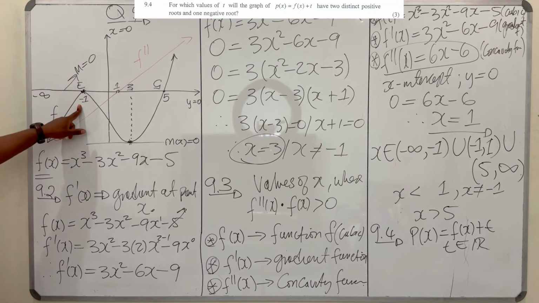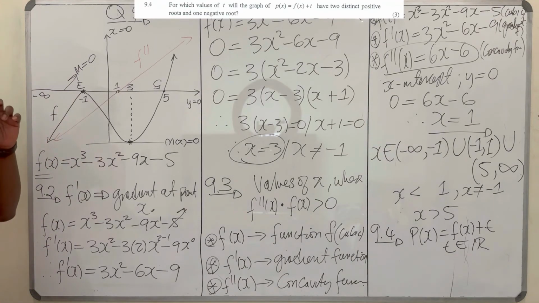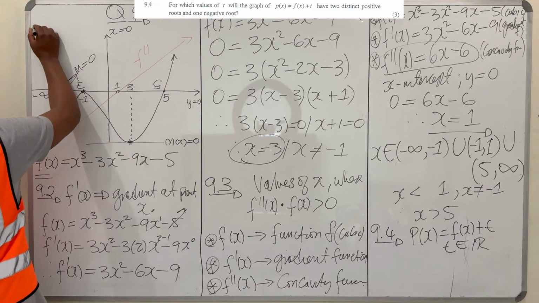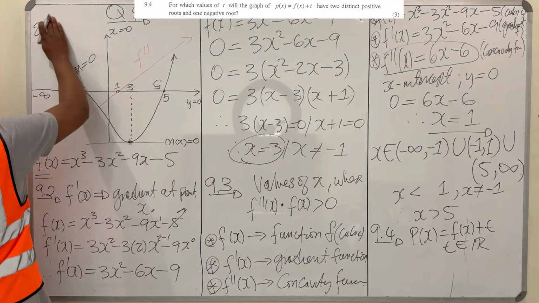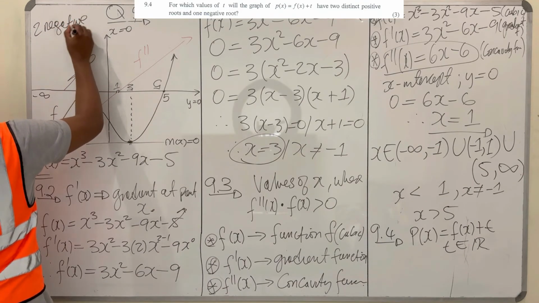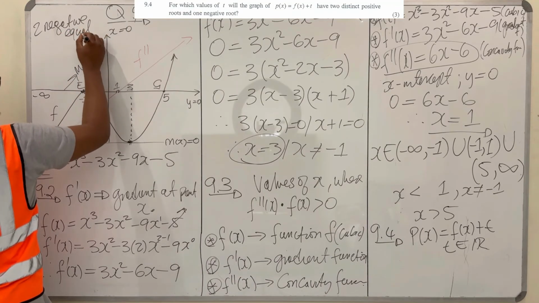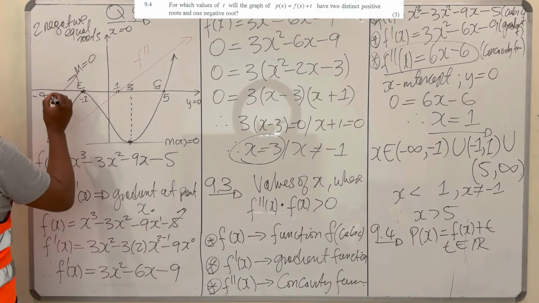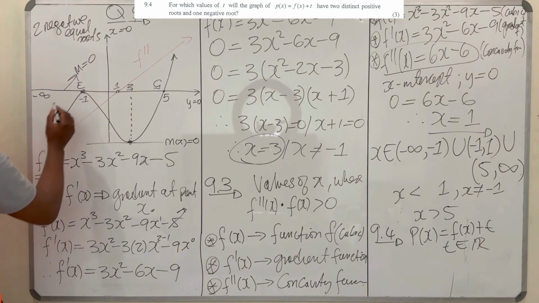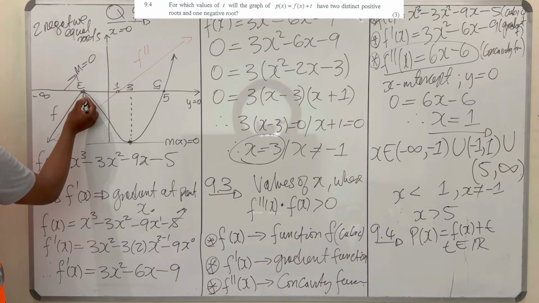Here's f of x. If you look at f of x now, f of x, like I said, has 2 negative equal roots. Because you have 2 intercepts here, right? X equal to -1 and x equal to -1.